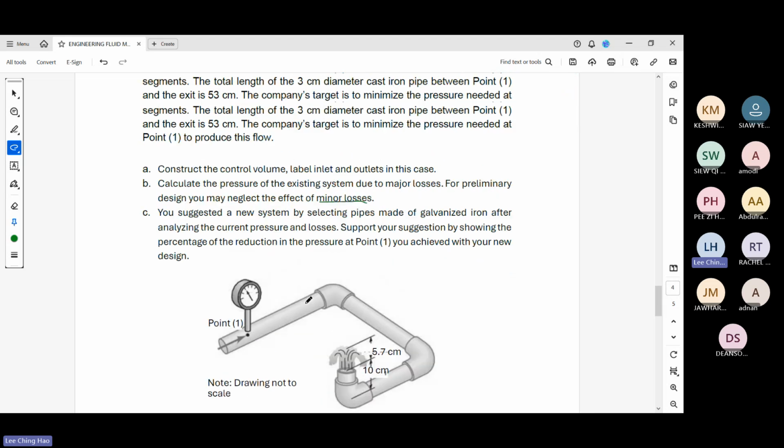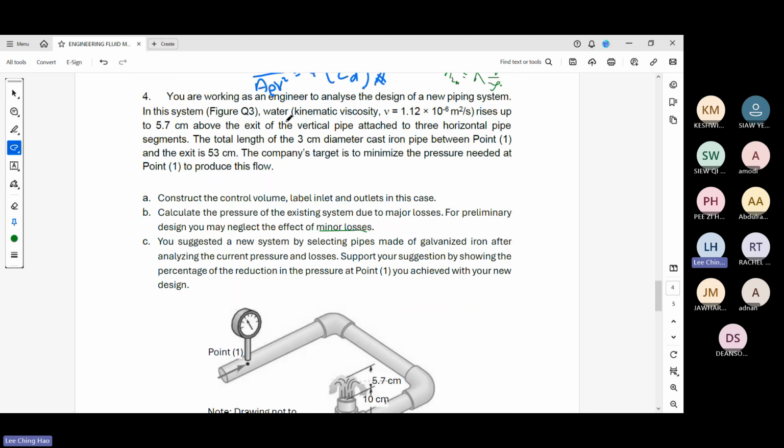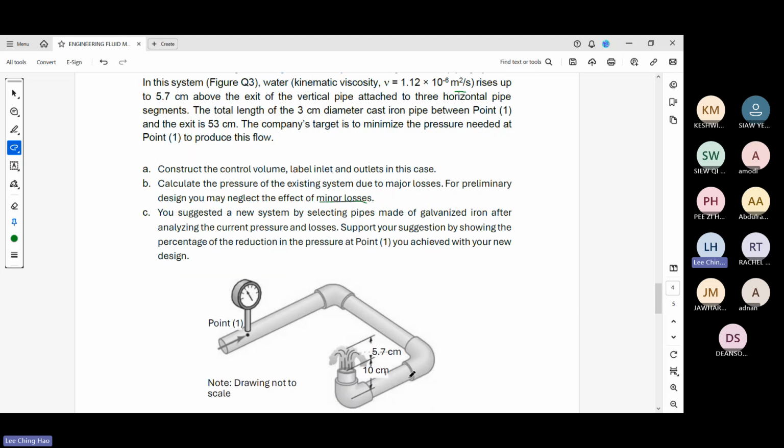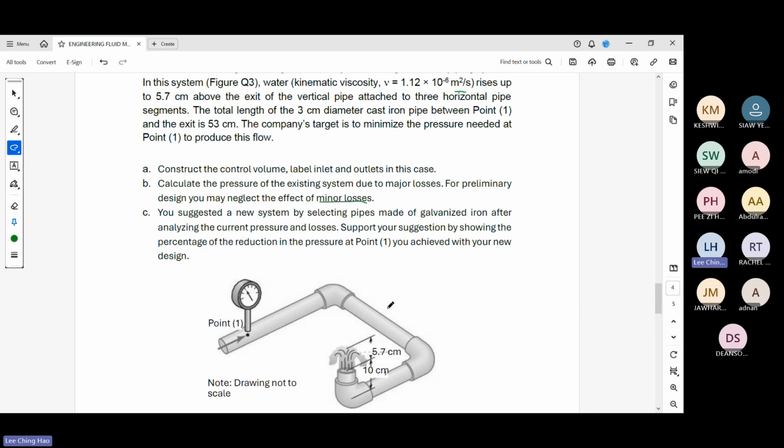First of all, they already mentioned you are working as an engineer to analyze the design of a new piping. You are using water, and you have this kinematic viscosity, you see the unit is this. The water is raised up to 5.7 cm above the exit on the vertical pipe, which means that it goes up.